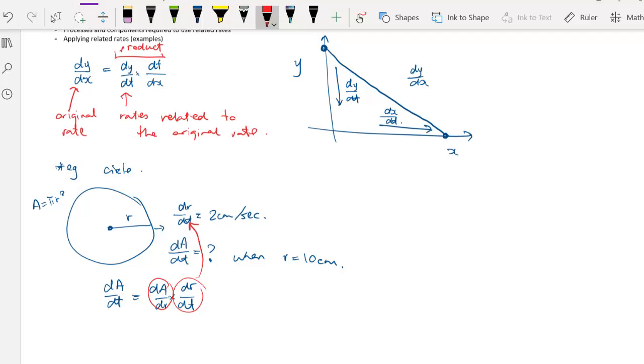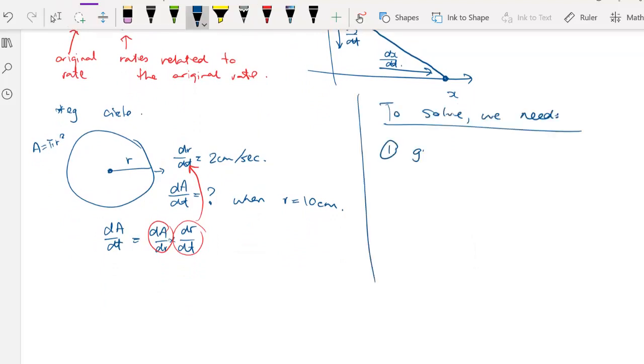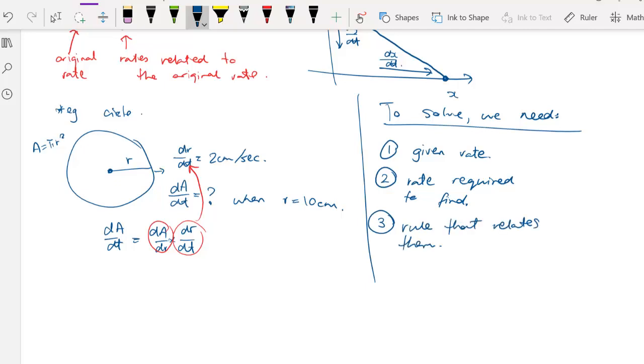Now this takes us to what we actually need to solve a problem with related rates. Number one, obviously, is a given rate. We need to know a rate to be able to work out the others. The second thing that we will need is a rate that we're required to find. In this case, it was dA dt. The third thing that we will need is a rule that relates them.